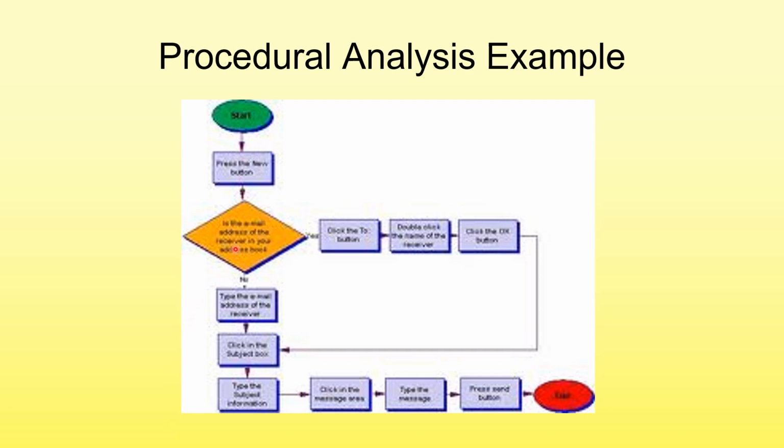Here we can see the start and going right through the ending. But when we reach this point, if the answer is no, then we travel through this path. When we reach this point, if the answer is yes to a certain question, then we travel through this route and then join up with the other steps. So procedural could be represented through a flowchart.